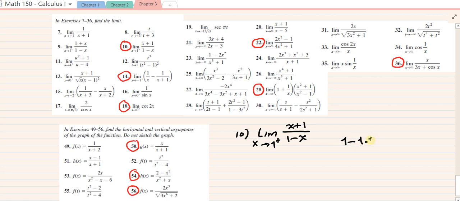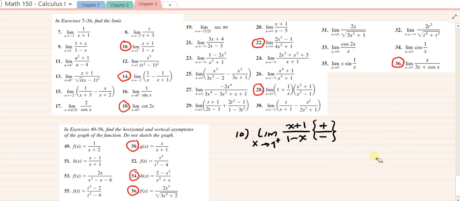For example, x would be 1.1, coming to 1 from the right. So 1 minus 1.1 is going to be negative 0.1. Again, let's say 1.2. You can see that as we approach 1 from the right, the denominator is going to be negative, right? So we have a positive numerator and a negative denominator. Therefore, the quotient, or the ratio, is going to be negative.